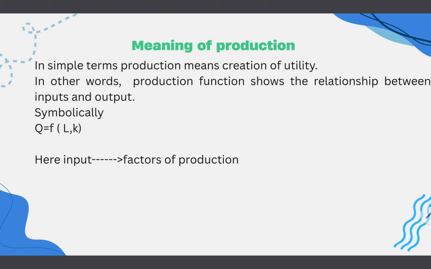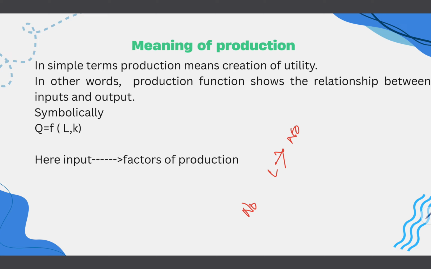Before we start and tell you what production is, let me ask you some questions. If a producer or a farmer wants to produce something and he has only land, can he produce crops? The answer is no. And if he has only labor, is he able to produce something?